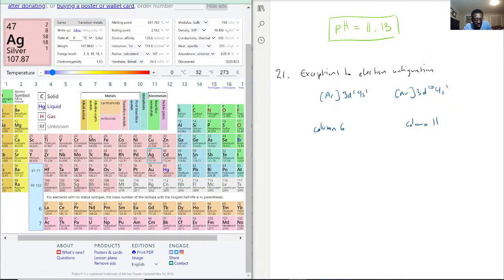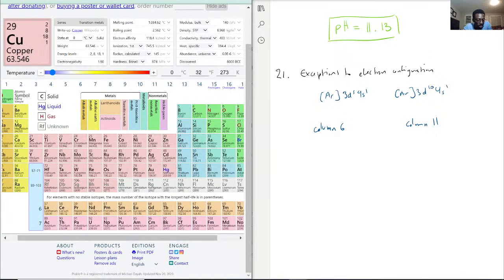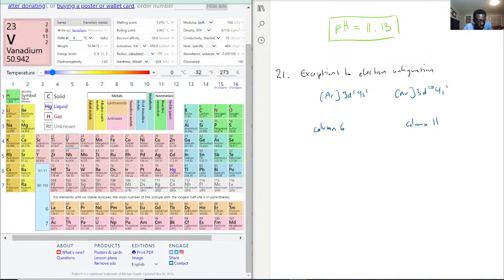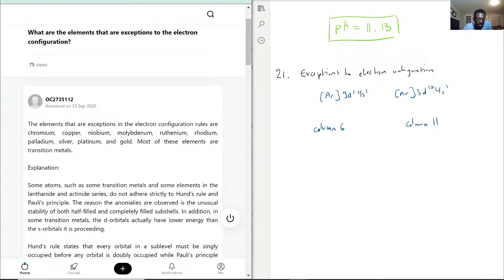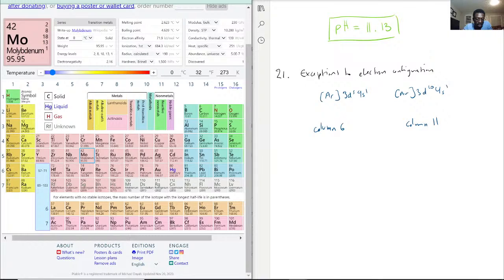So copper, silver, gold, and they also said chromium, copper. What's niobium? Oh, I don't know why that's included. Molybdenum. Yep, that one makes sense because it's part of that list.